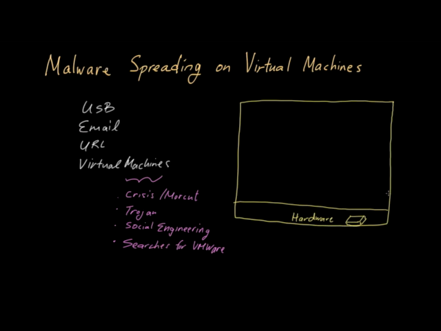Then typically on top of the hardware layer, depending on how abstract you want to get, you'll have an operating system, and the operating system might manage the file system for that computer. And then you'll have applications that run on top of that. And really, one of the applications would be a hypervisor.